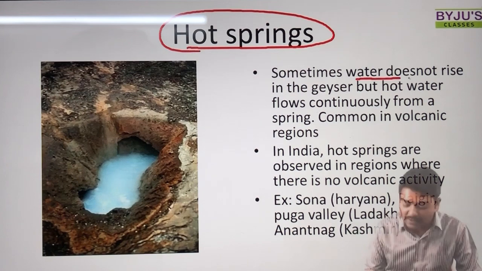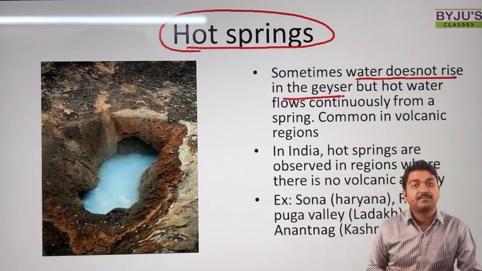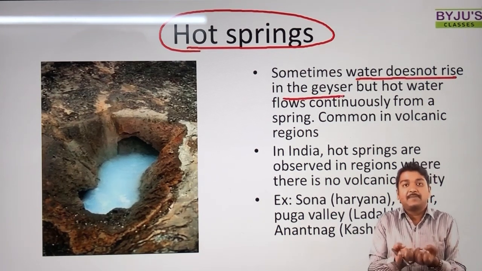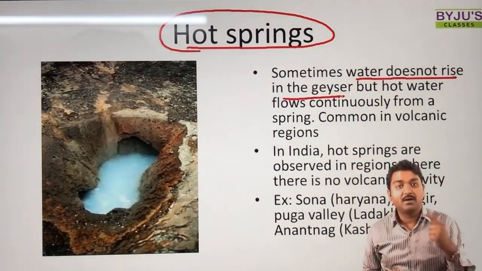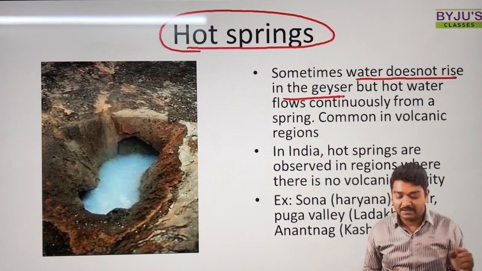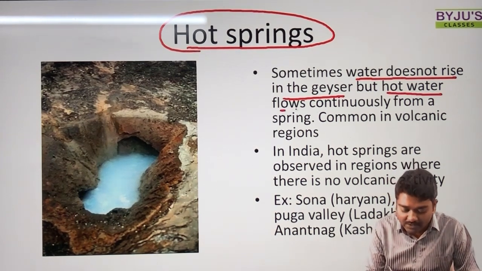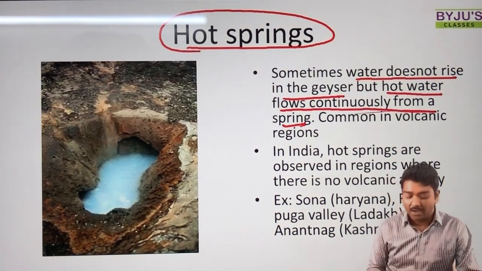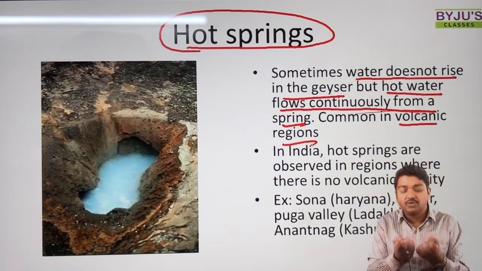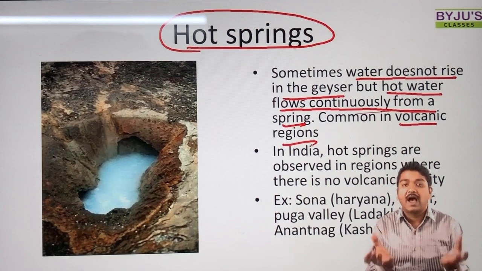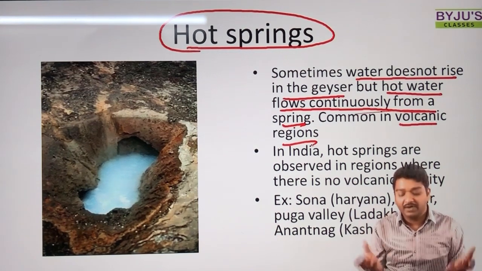Sometimes water does not rise in the geyser. See, if steam happens and it pours out, you call it a geyser. Sometimes water does not rise in the geyser, but hot water flows continuously from a spring, common in volcanic regions. So from a hole or something, you see hot water flowing continuously.